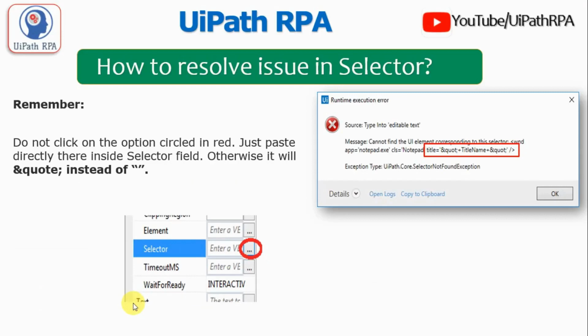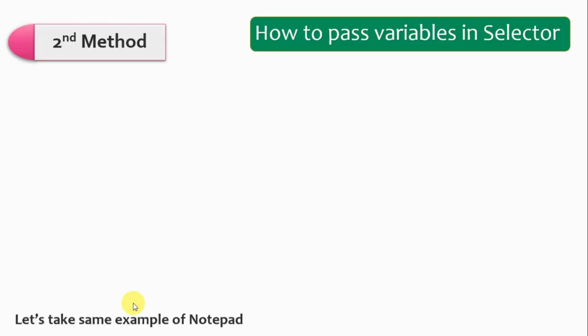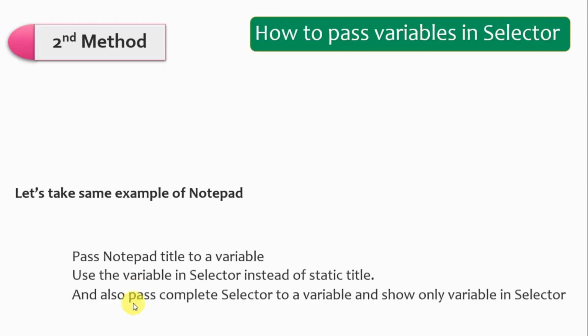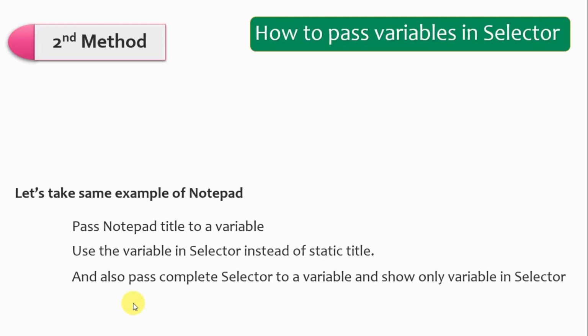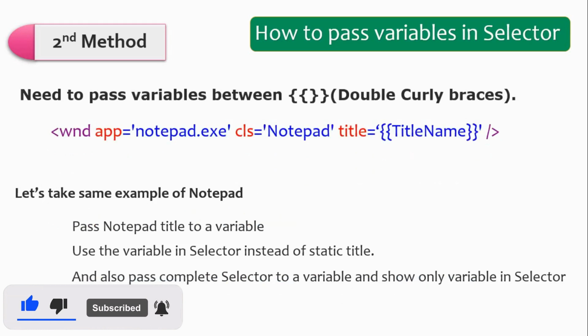And the second thing: now we are going to learn the second method. So what is the second method? Let's take the same example of notepad and I will show you how to use the second method. Here you need to pass the variable between double curly braces. This is new, I don't think you have learned it before.